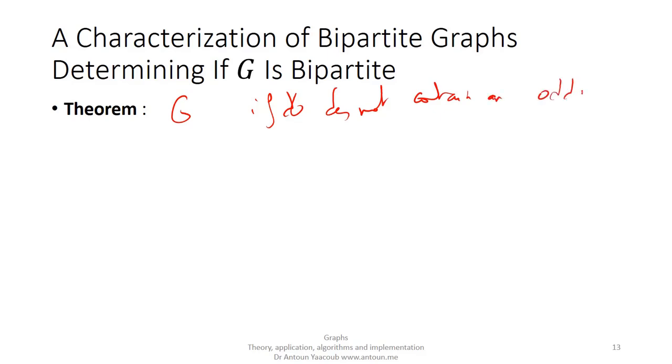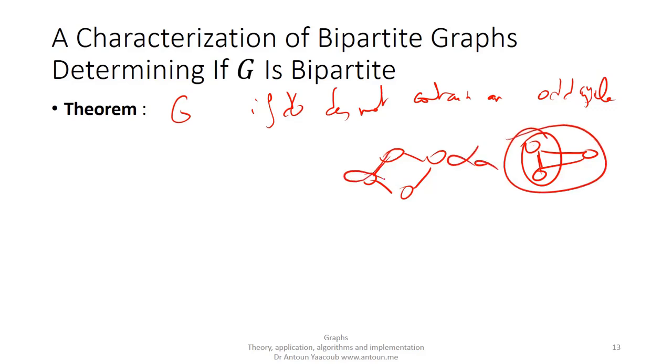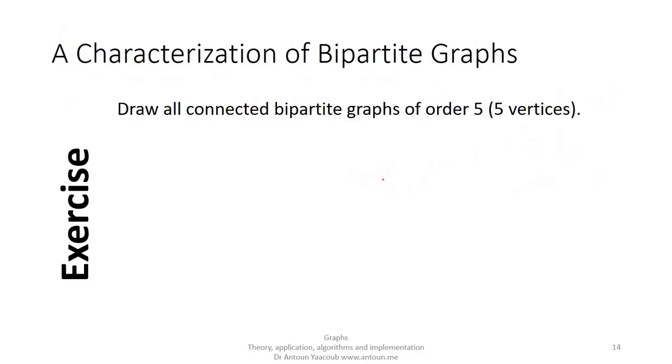It's very obvious, because if there's an odd cycle, for example like C5 or C3, it means that within one set of vertices there's a link, and it will not be bipartite. So obviously all trees are bipartite.